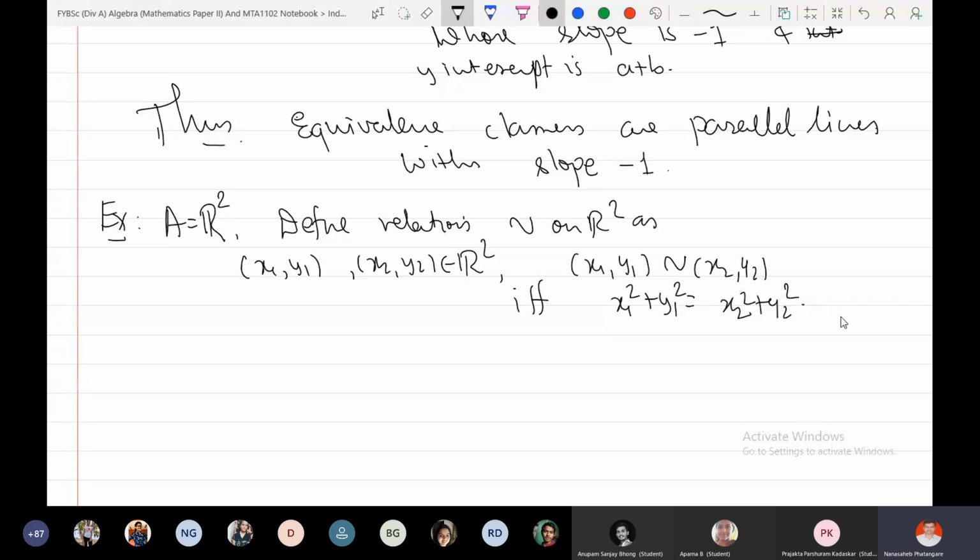Right, so this is a relation. Two points are related if the sum of squares of their components is the same.